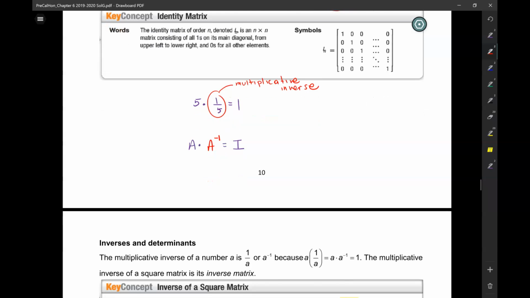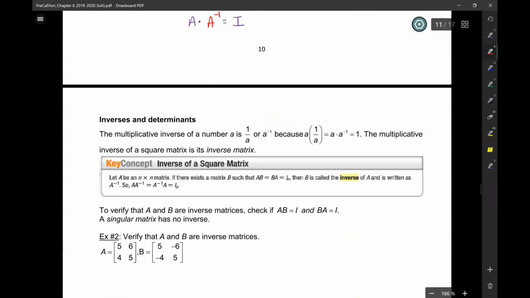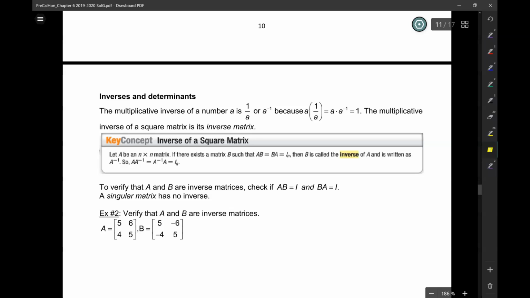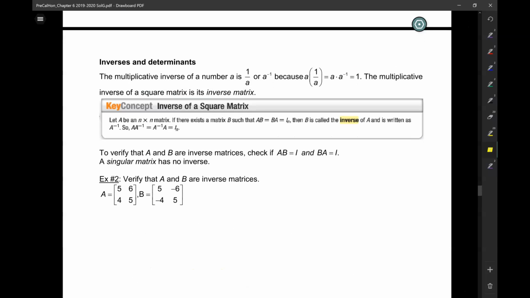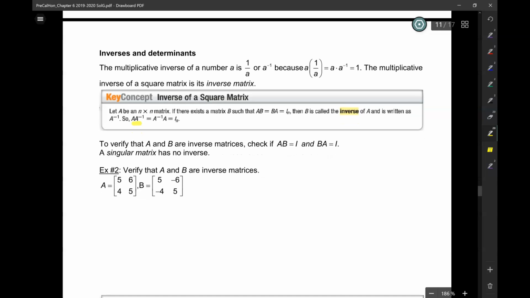So, for that, we need to talk about how to find an inverse. Okay? We're going to start by square matrices. So basically what I want to call your attention to is if you have a matrix times its inverse, A times A inverse, or A inverse times A, in both cases you get the identity matrix.